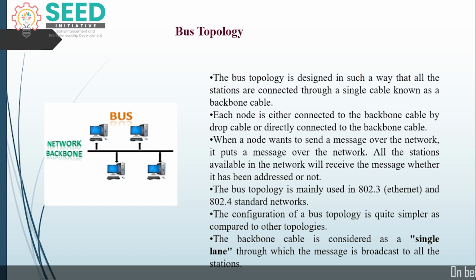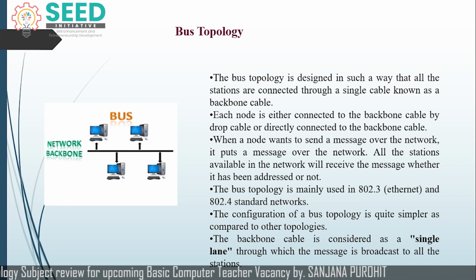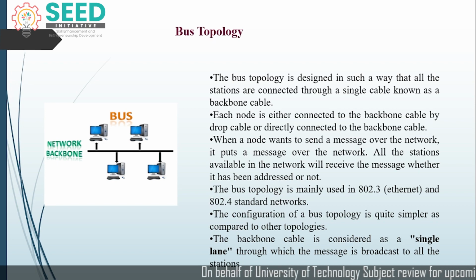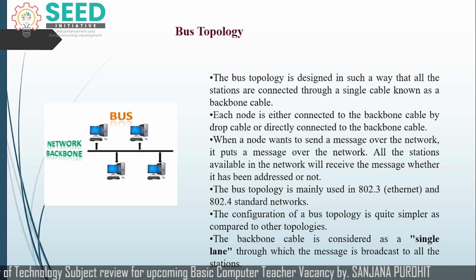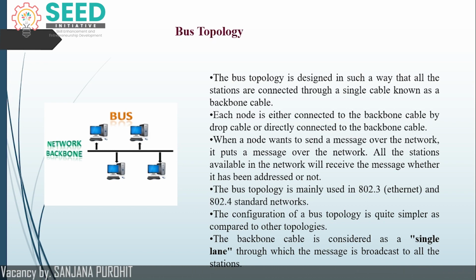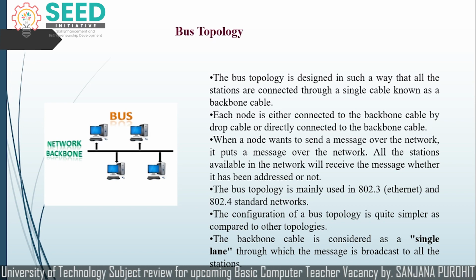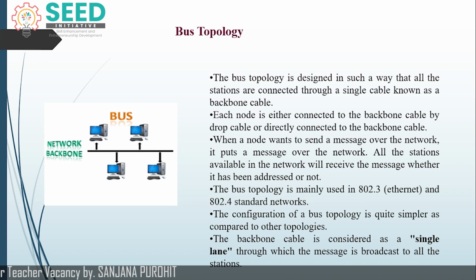Each node is either connected to the backbone cable by a drop cable or directly connected to the backbone cable. When a node wants to send a message over the network, it puts the message over the network. All the stations available in the network will receive that message, whether it has been addressed to that station or not.